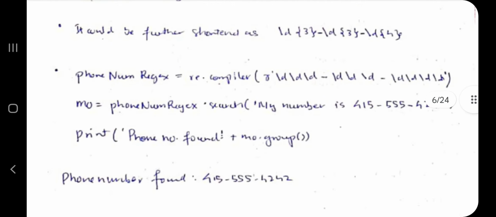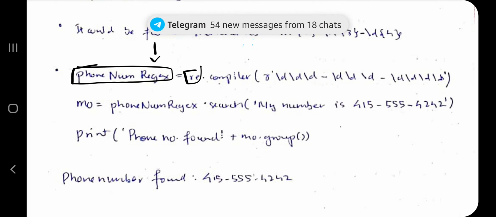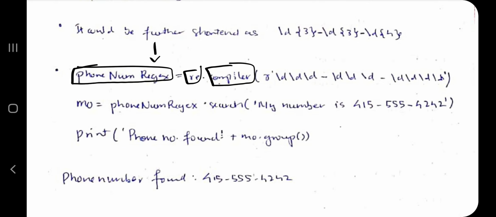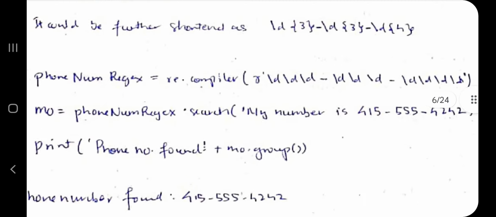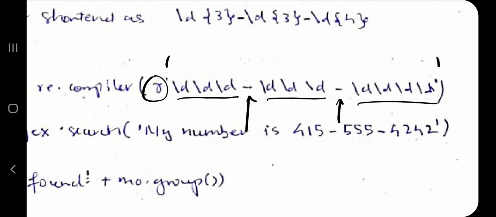How can we use that in Python? In Python we create a variable named phoneNumRegex, where regex means regular expression. For that we need to import the module re and call re.compile. This is the function we are calling, and here we have r, observe this carefully, then a single opening quote and a closing quote. Inside we have 3 \d's followed by a hyphen, 3 \d's, a hyphen and 4 \d's.